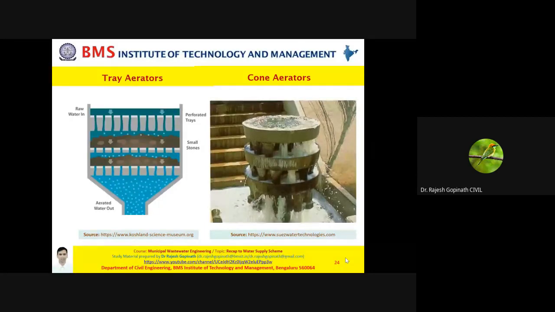Please understand, when it comes to cone aerators, the prime objective of using this is to remove iron and manganese. As you're aware, iron and manganese contribute stains. They always occur together. If you have reddish stains, it's because of your iron. And if you have brown stains, it's because of manganese.